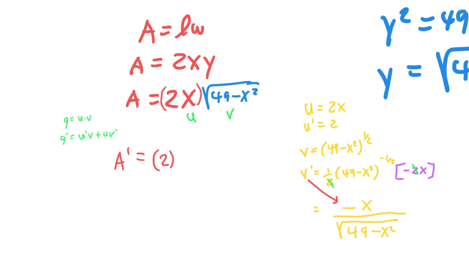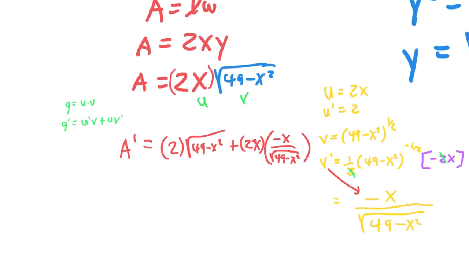So it's going to be the square root of 49 minus x squared. And then it's going to be plus u, whatever u was, 2x. I'll put it in parentheses, times whatever v prime is. Now, v prime we made clear is this thing. So we have a negative x up top all over radical 49 minus x squared. Okay.